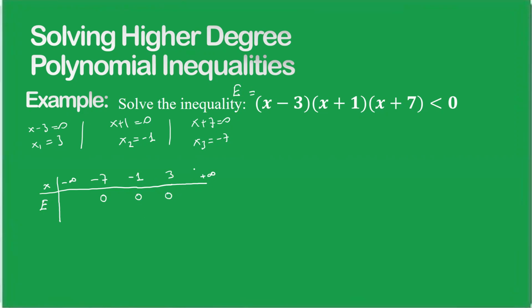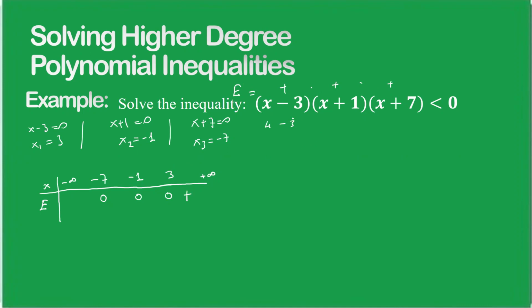And then the first sign. What is the first sign? You can give any value, for example, greater than 3. For example, maybe 4. 4 minus 3 is a positive number. 4 plus 1 is 5, another positive value. 4 plus 7 is 11, another positive value. Then positive times positive times positive is positive, so the first sign is positive.